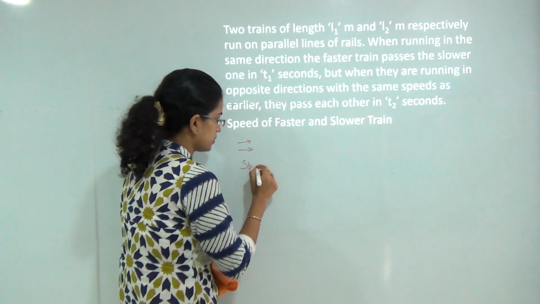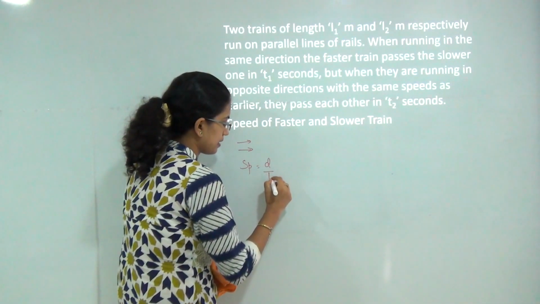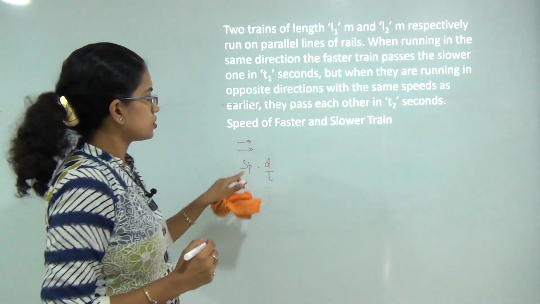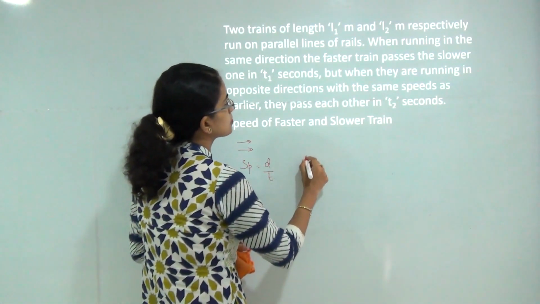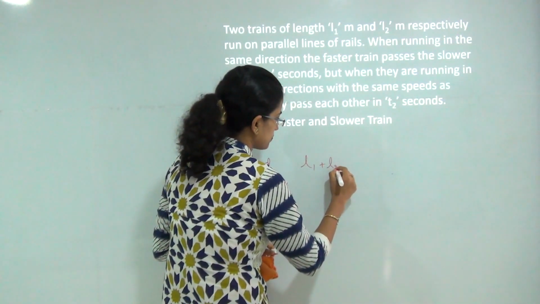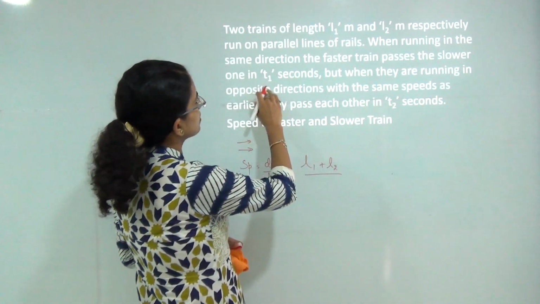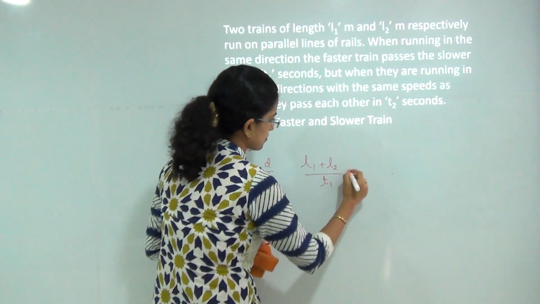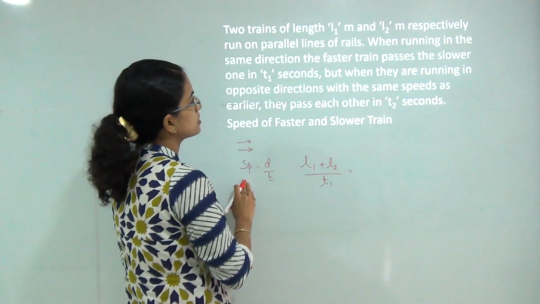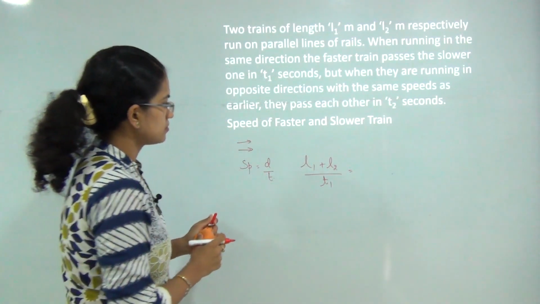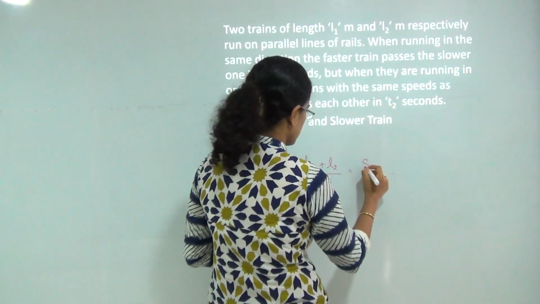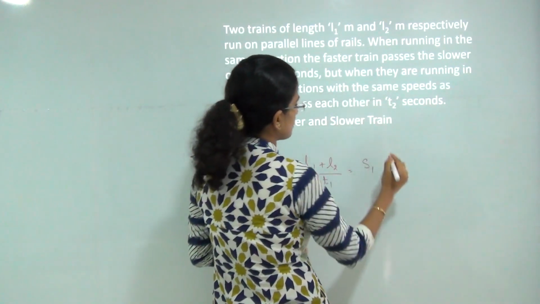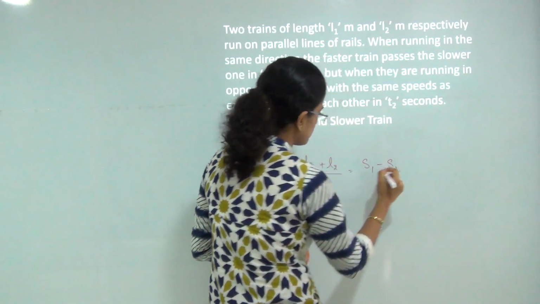So when they are running in the same direction, I need to find out the speed first of all. Speed is equal to distance by time. So distance here would be L1 plus L2. Time taken is t1. And the speed in this case, when they are moving in the same direction, would be S1 minus S2.